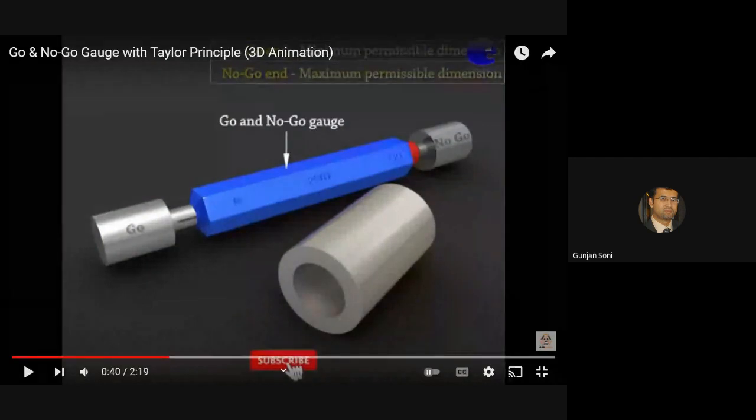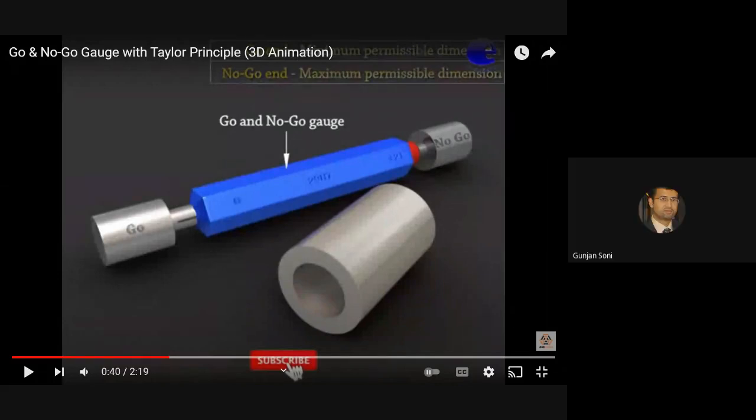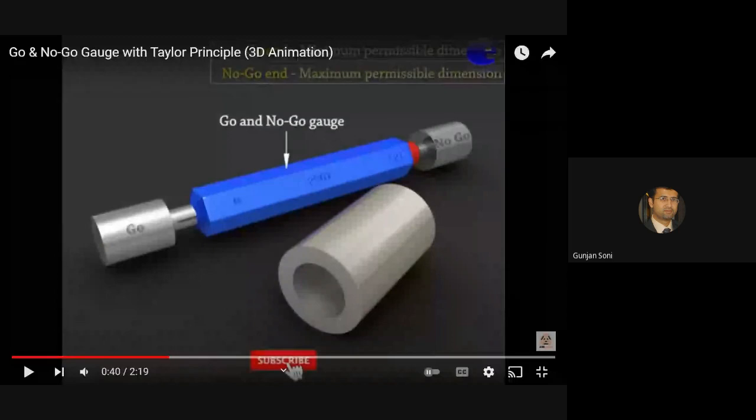Yes or no? I mean, how many of you are understanding this concept? Say yes if you are understanding in the chat box. Only Sagar has said. Shailesh has said.